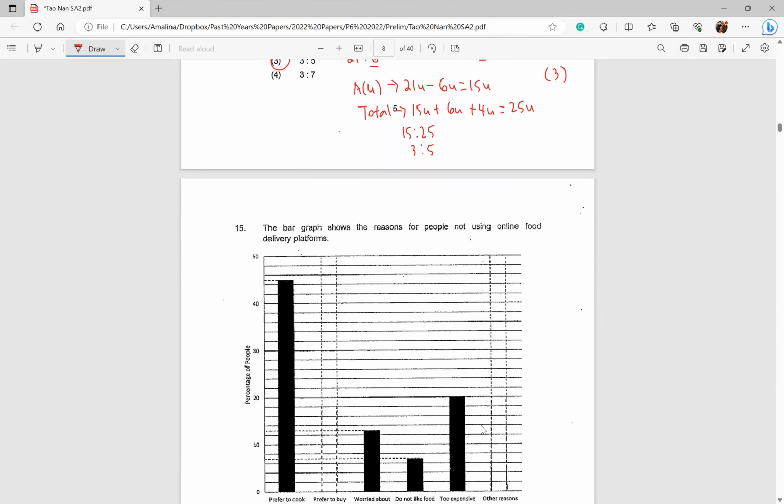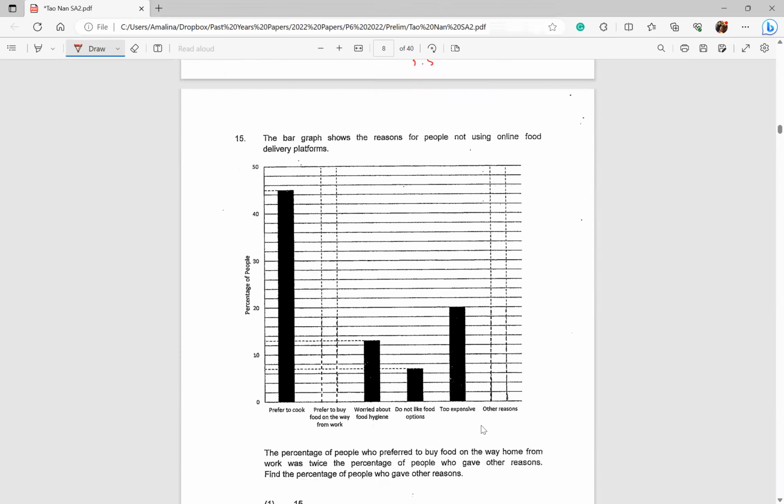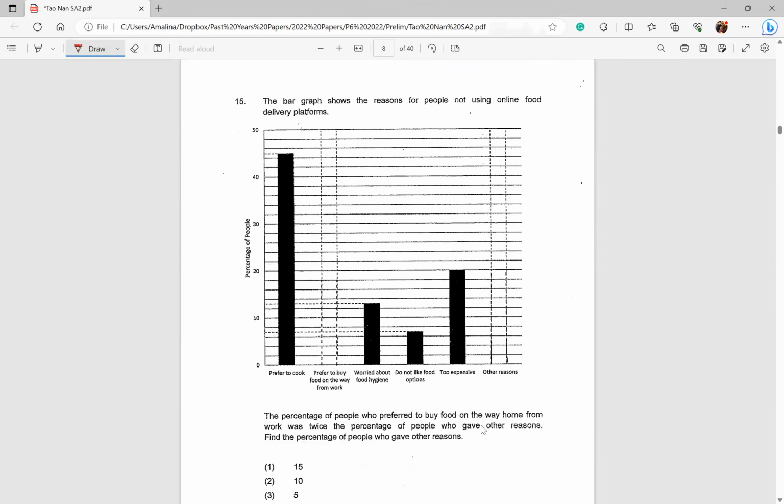Now, question 15 is on your bar graph. The bar graph shows the reasons for people not using online food delivery platforms. If you look at this bar, you have prefer to cook, prefer to buy food on the way home from work, worry about food hygiene, do not like the food options, too expensive, and other reasons. So these are the reasons for people not using online food delivery platforms.